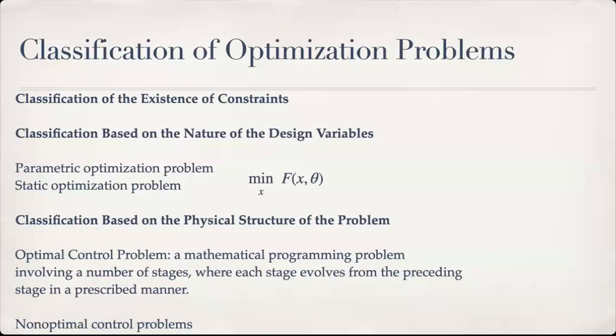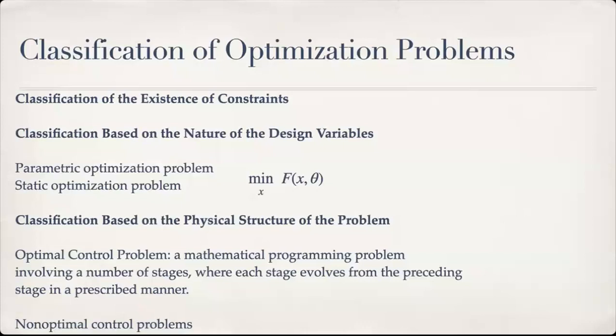Now look at the design variables or decision variables. Sometimes your decision variable can take only integers. Sometimes it can take any continuous value, any real number, but sometimes it can take only integers.